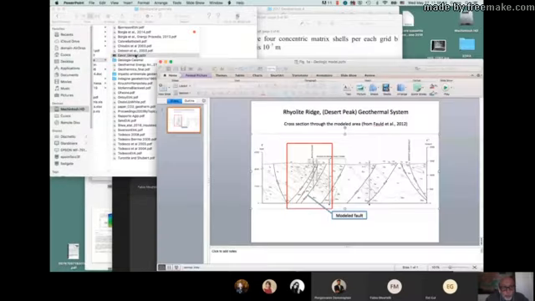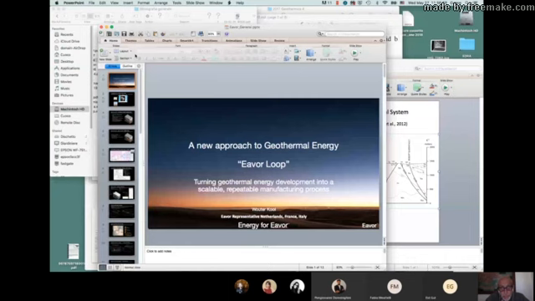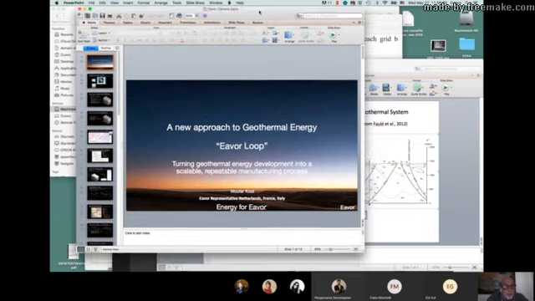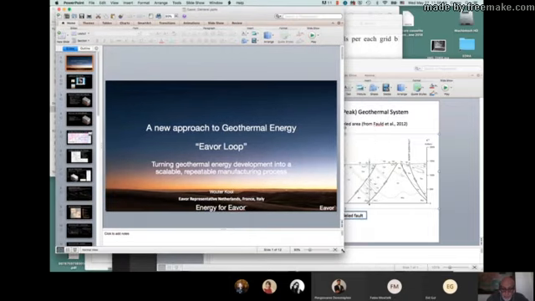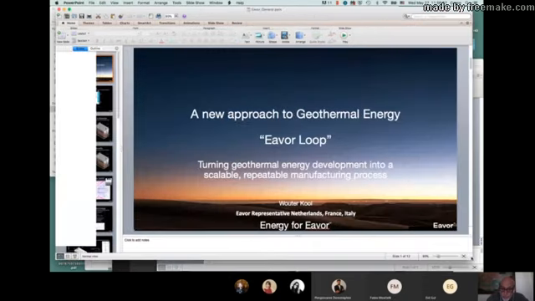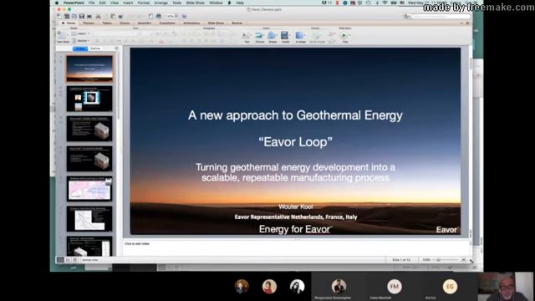Now let me show you the next generation of power plants, which are coming out. They started to build them last year, but this year there are already many projects beginning to develop.